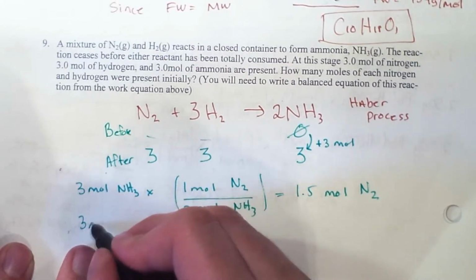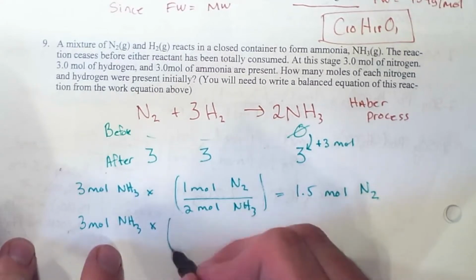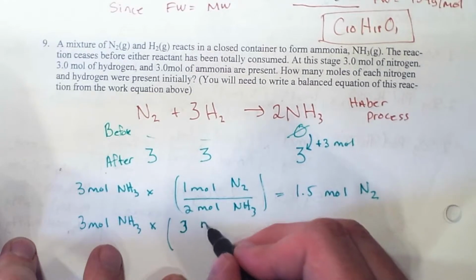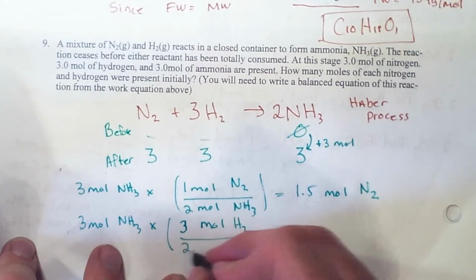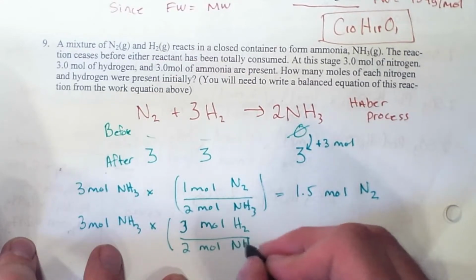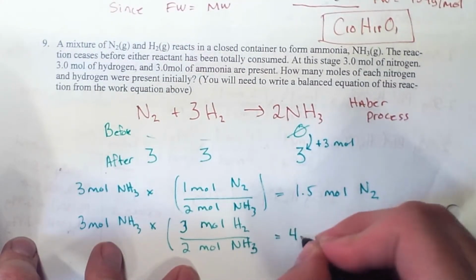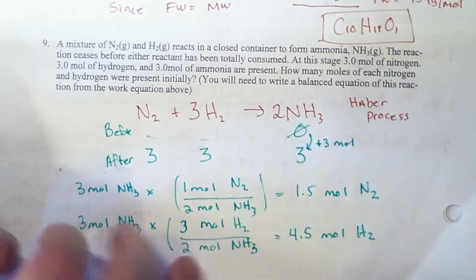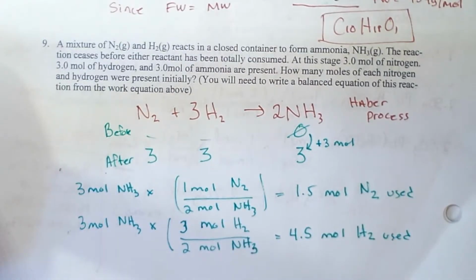And based on the fact I have 3 moles of ammonia, I know I'm going to get 3 moles of hydrogen for every 2 moles of NH3. So I must have used these amounts of the starting material.